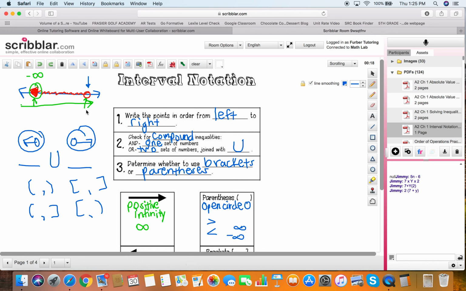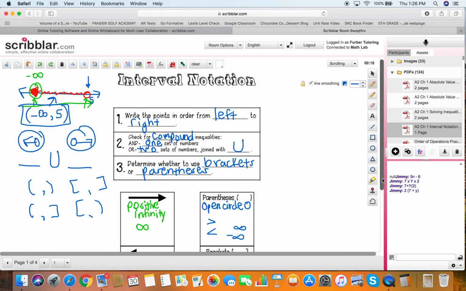Let's say that this was the point, I don't know, 5 on the number line. Then what I would write is negative infinity, comma, 5. The infinity symbol always uses parentheses, and an open circle also uses parentheses. So this would be the interval notation for that graph.